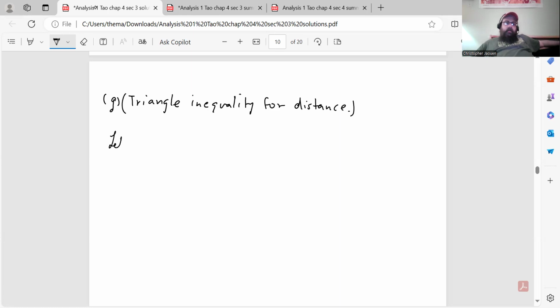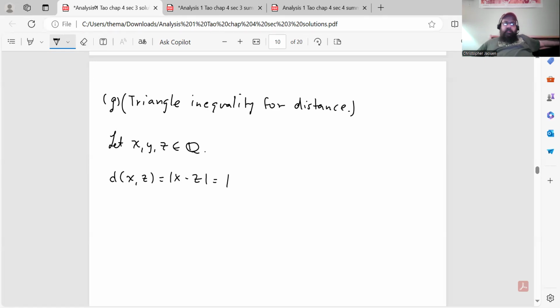Okay, let x, y, z be rational numbers. All right, and we want to look at the distance between x and z, which by definition is the absolute value of x minus z.